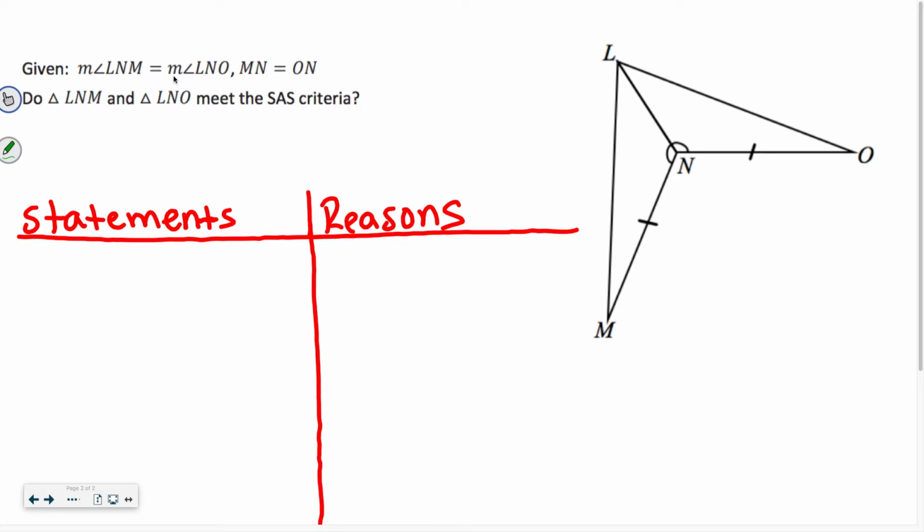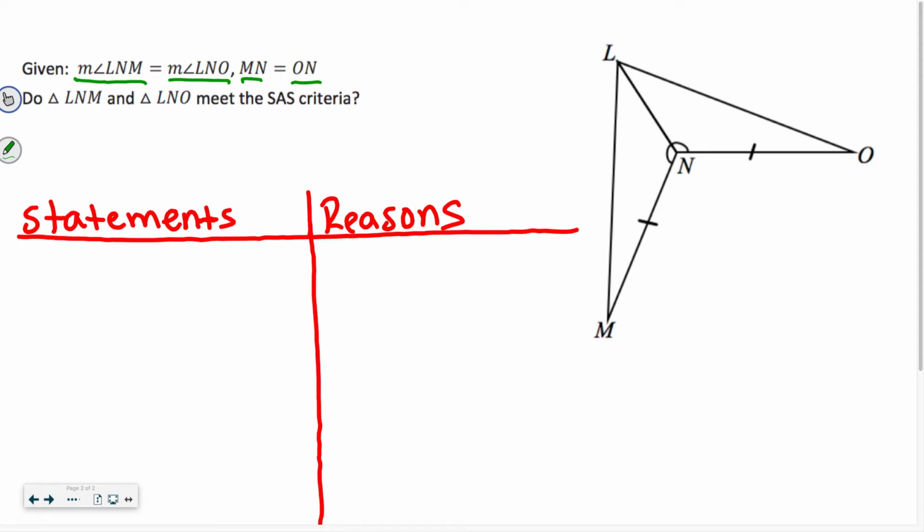So here we are given that the measure of angle LNM is equal to the measure of angle LNO, and we're given that MN is equal to ON. All right? So we have to show that triangle LNM and triangle LNO are congruent by side angle side.